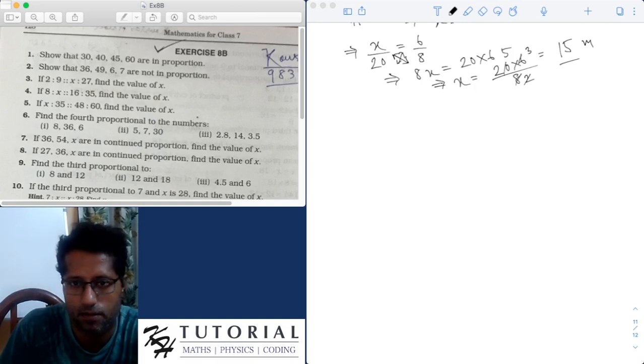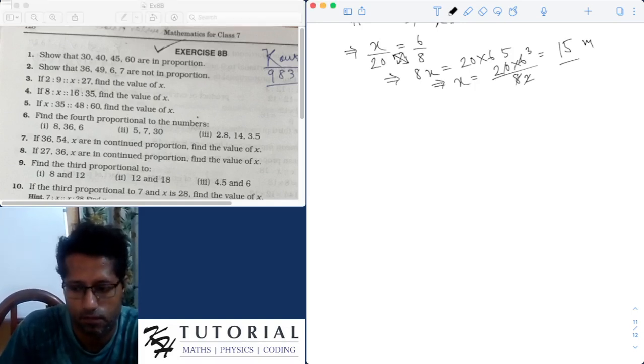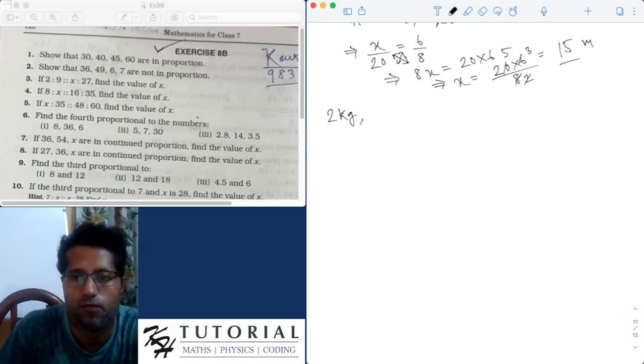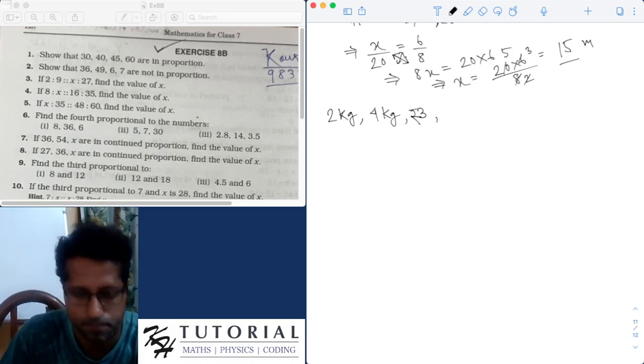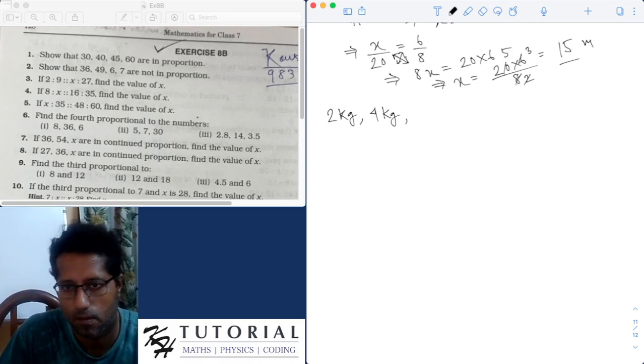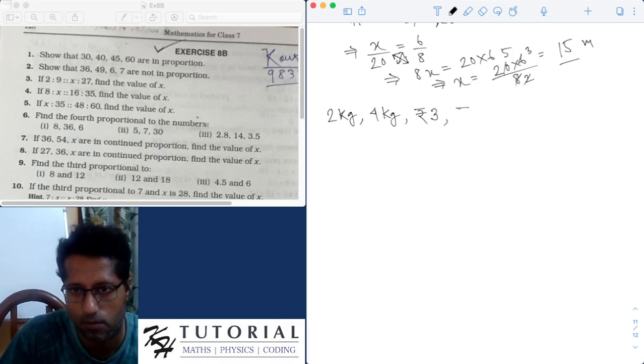Please note that it is very much right to say that 2 kg, 4 kg, and rupees 3 and rupees 6 are in proportion.